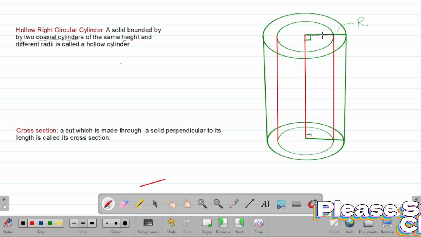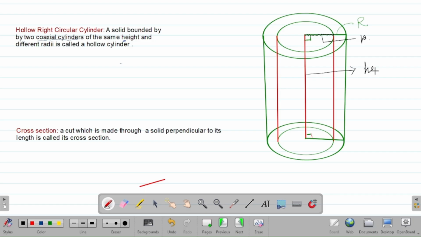That's why we define it by small r. And this is the height of the hollow right circular cylinder.